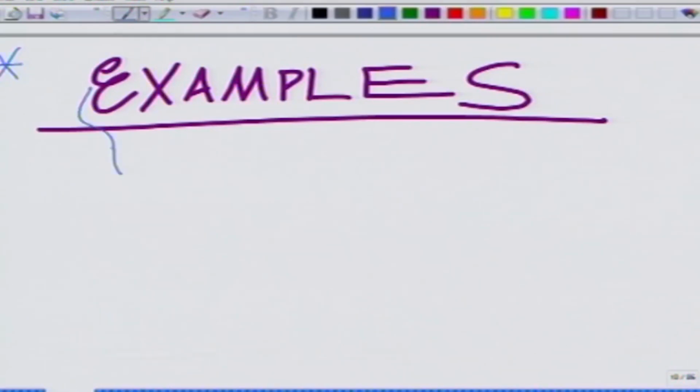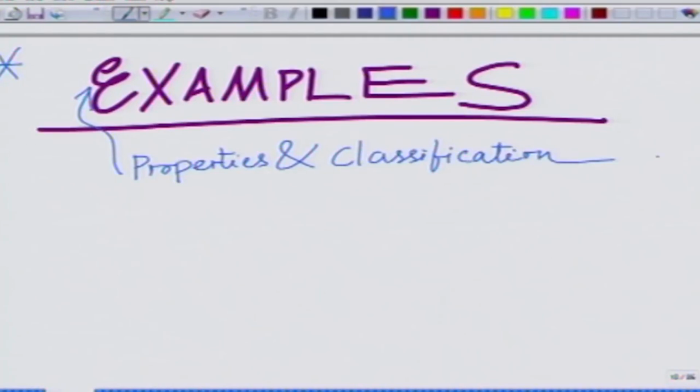I think you will remember that is with respect to the basic properties and classification. Various properties and classification of signals and systems.